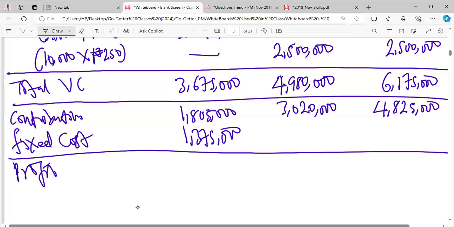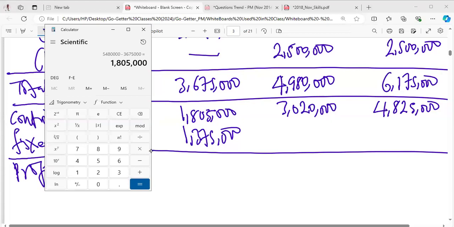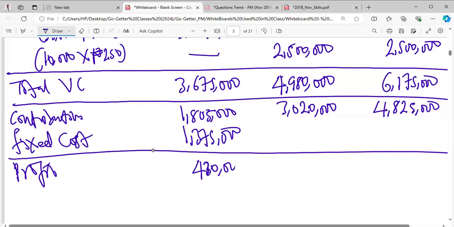So let's do it straight. 1,805,000 minus 1,375,000. So before I press equal to, previously it was 50,000, but it's going to increase now to 430,000. Whopping difference. 430,000. So that's the profit.